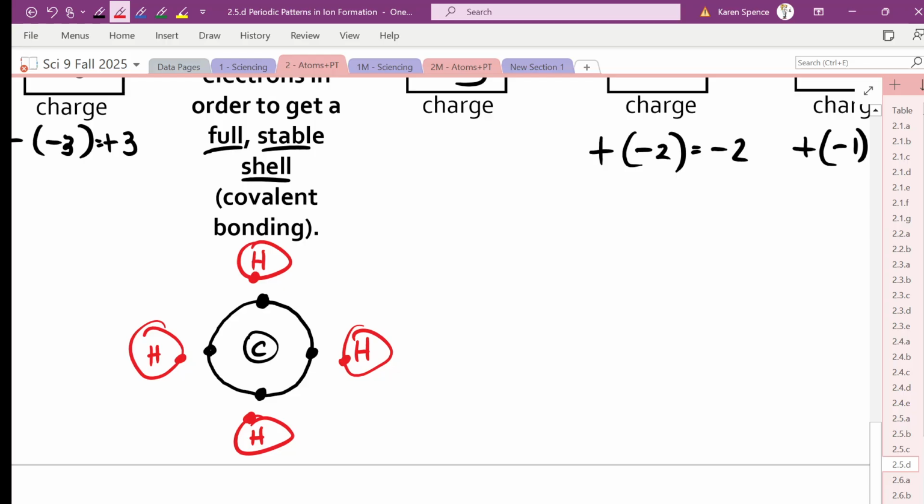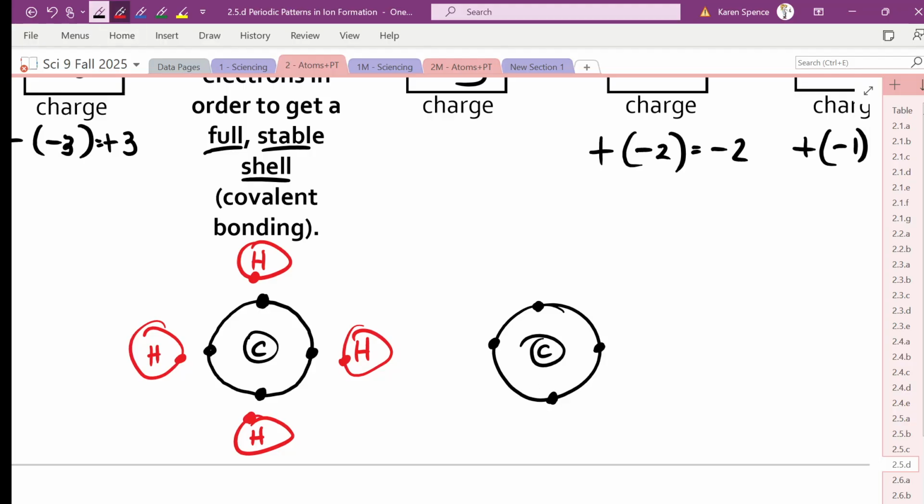Each single hydrogen has 1, so it wants a second one, so it wants 2. So rather than this guy giving electrons to that guy, carbon is going to say, here, hydrogen, share my electrons.